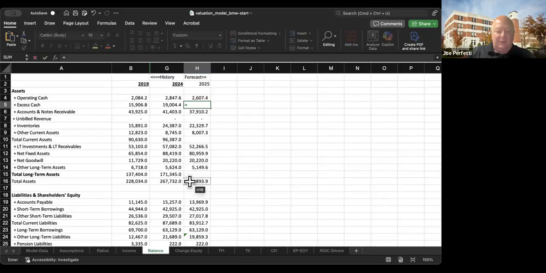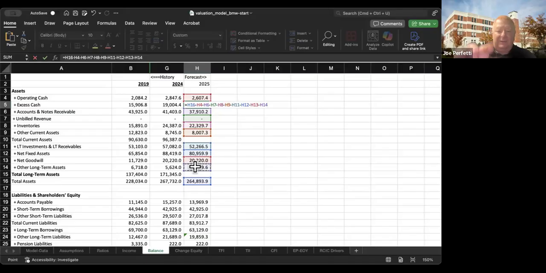Equals total assets, H16, minus everything else: minus operating cash, H4, minus accounts receivable, H6, minus unbilled revenue, H7, minus inventory, H8, minus other current assets, H9, minus long-term investments, H10, minus net fixed assets, H11 and 12, minus goodwill, H13, minus other long-term assets.